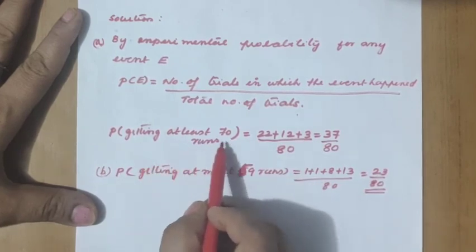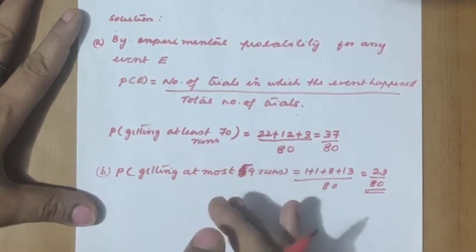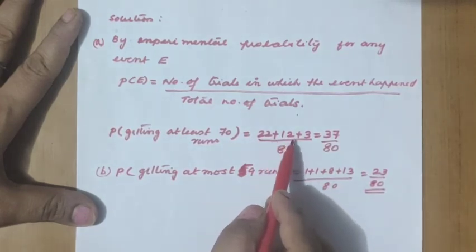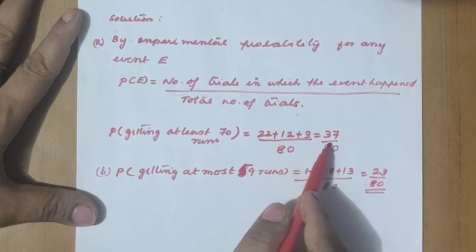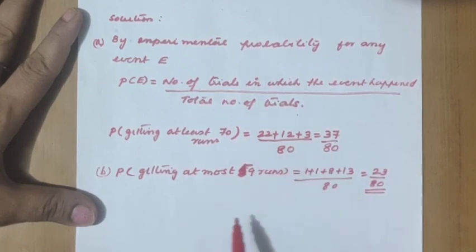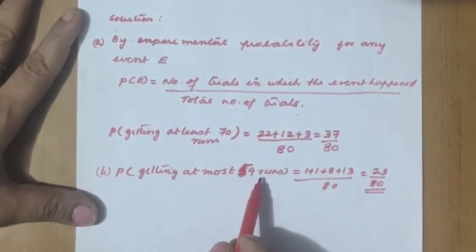So P of getting at least 70 runs means 70 and above 70. So your frequencies are 22 plus 12 plus 3 to be added, that is 37 out of 80. So 37 by 80, you can check the table once again. P of getting at most 59 runs means that is the maximum.